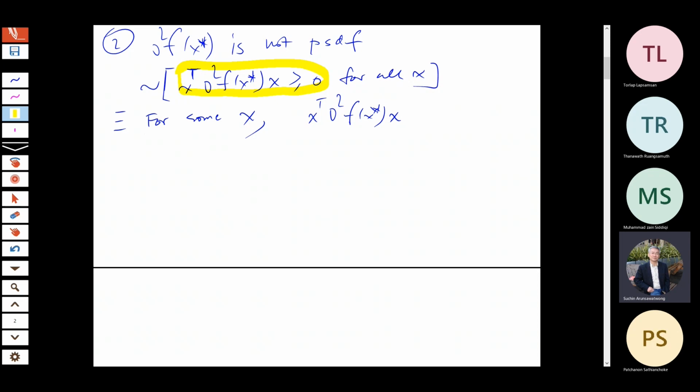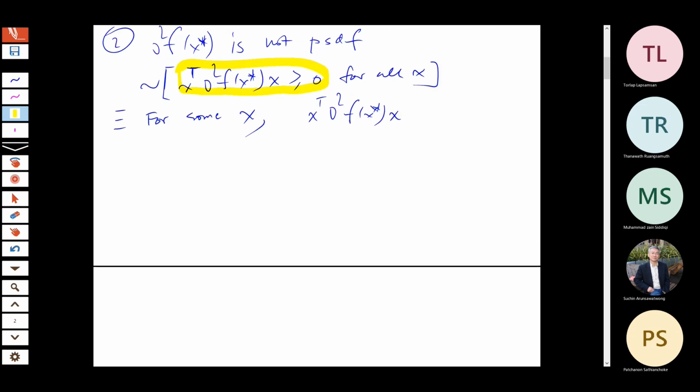When the Hessian matrix is not positive semi-definite, then for some x this may be true or this may not be true, because we have positive semi-definite, negative semi-definite, and indefinite. So that means for some x, the Hessian matrix is indefinite.